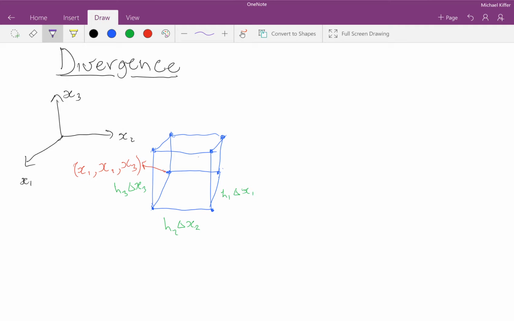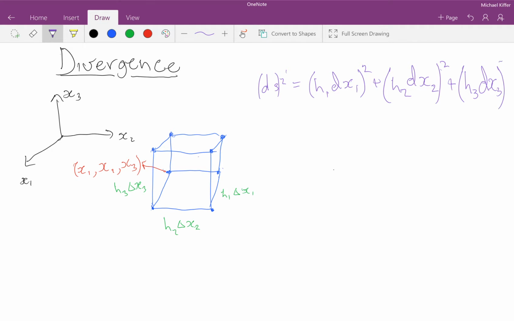Now we're going to use our metric again, so we have ds squared equals h1 dx1 squared plus h2 dx2 squared plus h3 dx3 squared.